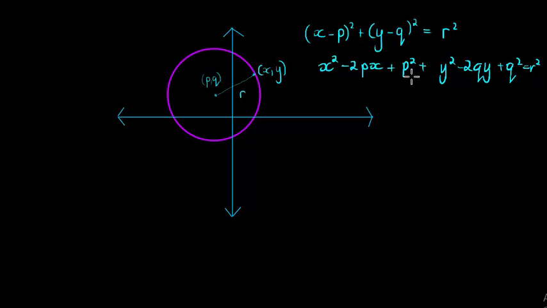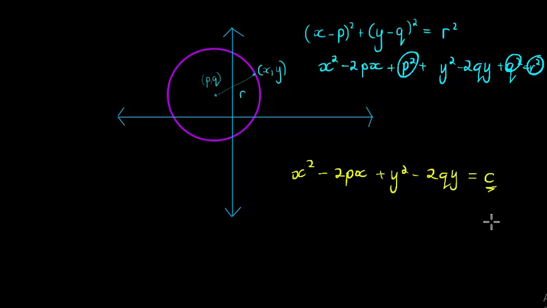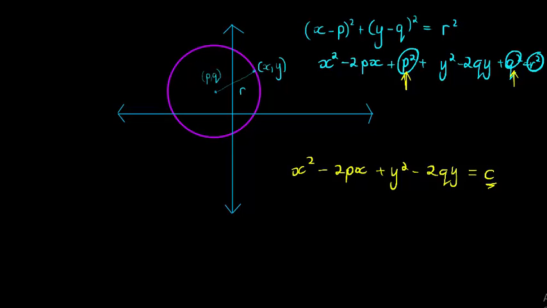Notice that p squared, q squared and r squared are all constants, so they can be added together. We get x squared minus 2px plus y squared minus 2qy equal to some constant, and we wouldn't know how much of that constant used to be p squared, how much was q squared, and how much was r squared.